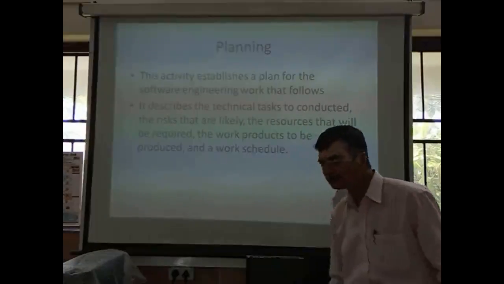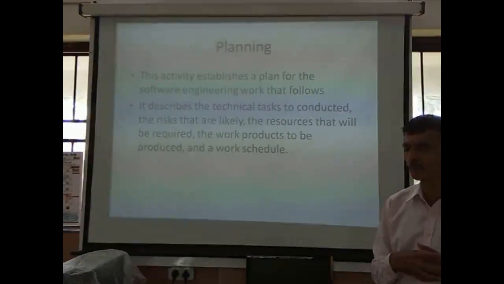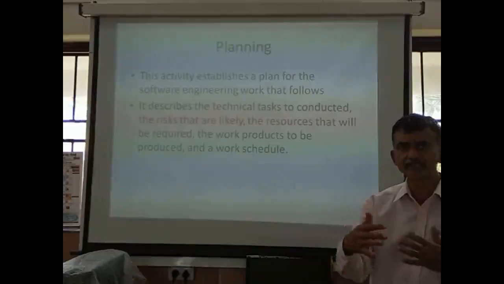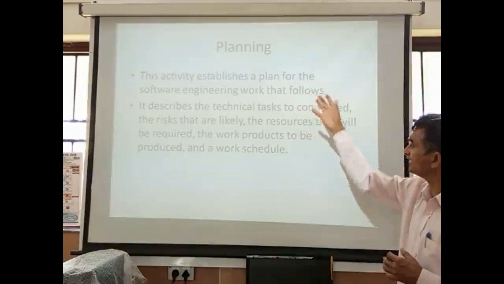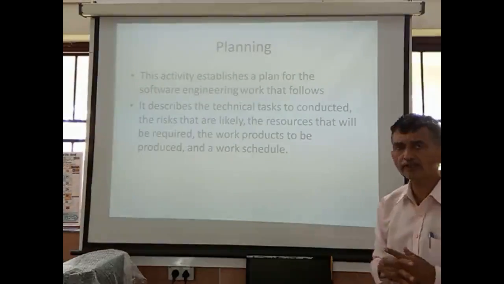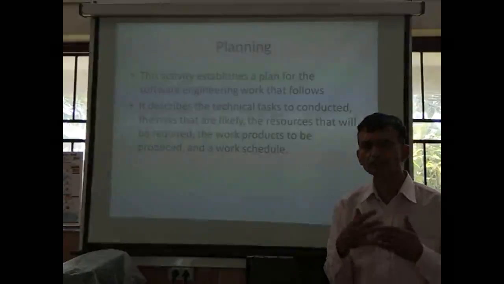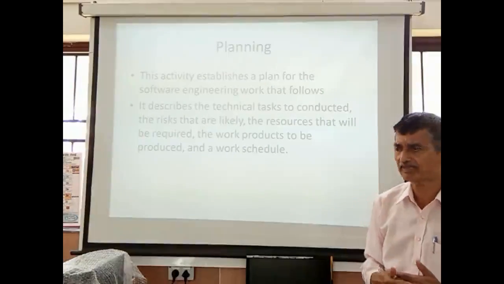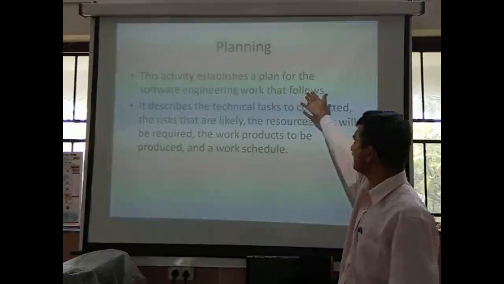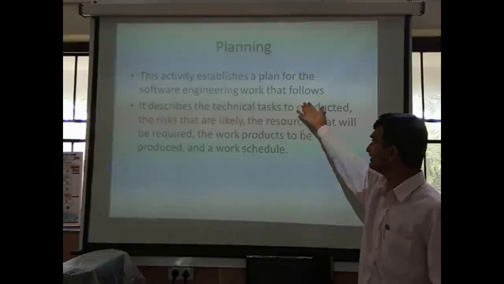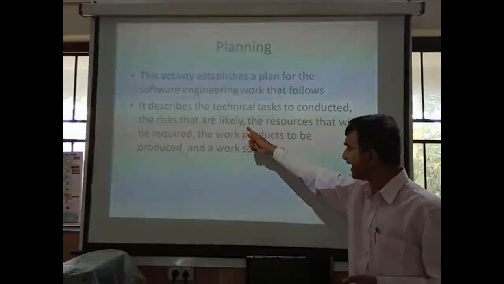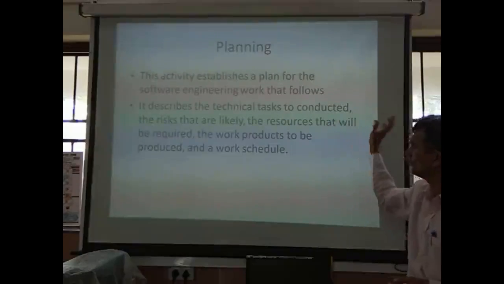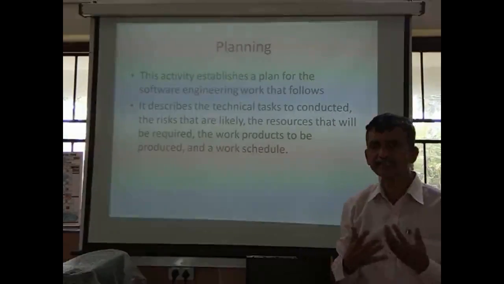Next, once you have communicated and gathered the required information, you have to plan the activities for the software project. So this is the planning activity, because a number of resources are involved and resources are costly, so planning is a must. This activity establishes a plan for the software engineering work that is to be followed. It describes the technical tasks to be conducted and the risks that are likely.